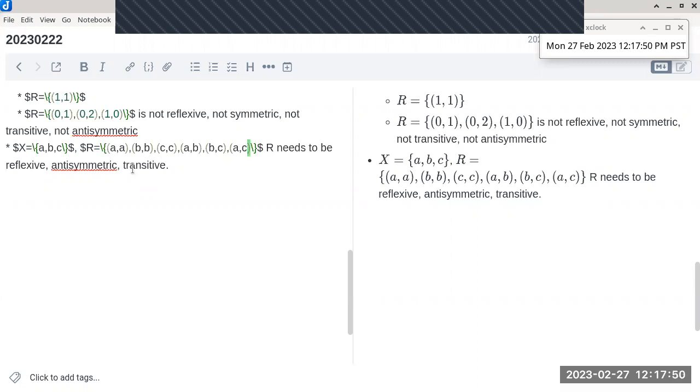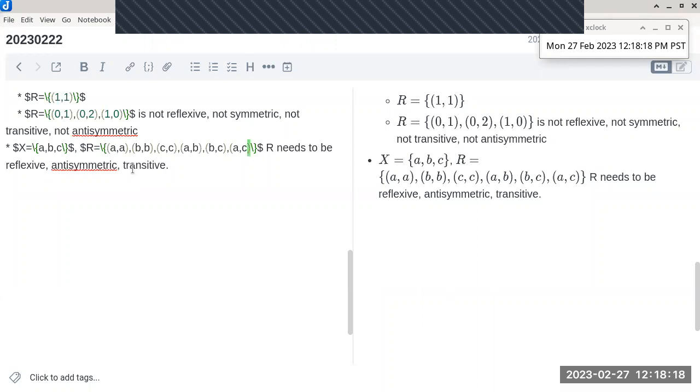E and F can both be B, not a problem. E can be A, F can be B, which is also not a problem, because EF in R is true but FE in R is false. So that makes the conjunction false, but the conjunction is on the left-hand side of the implication. If the left-hand side of the implication is false, then the entire implication is true. So we don't have a problem with this one. Are we good so far?